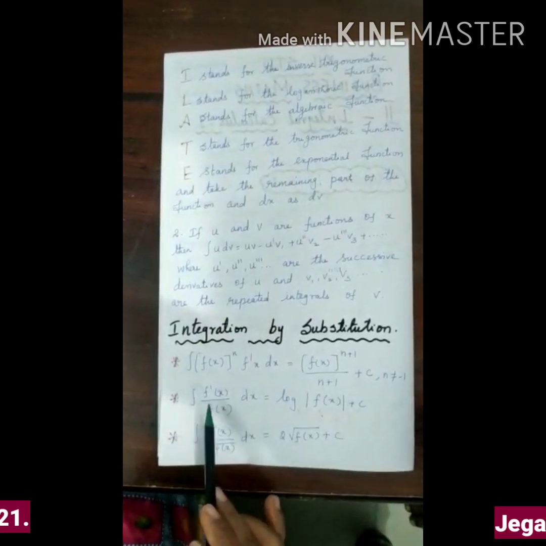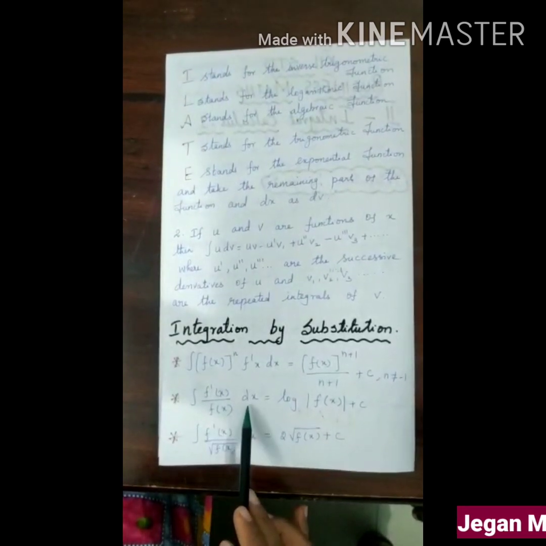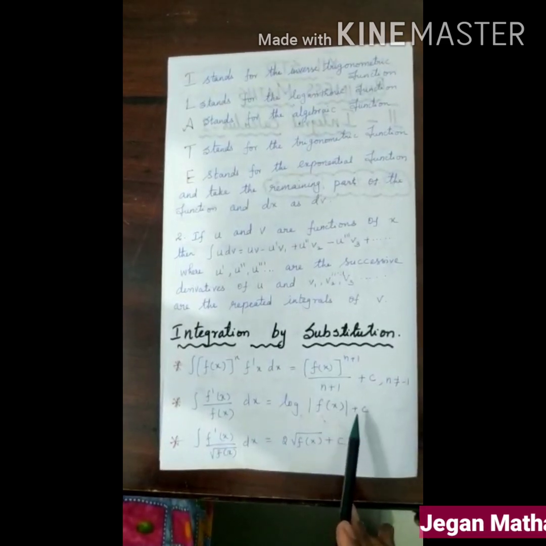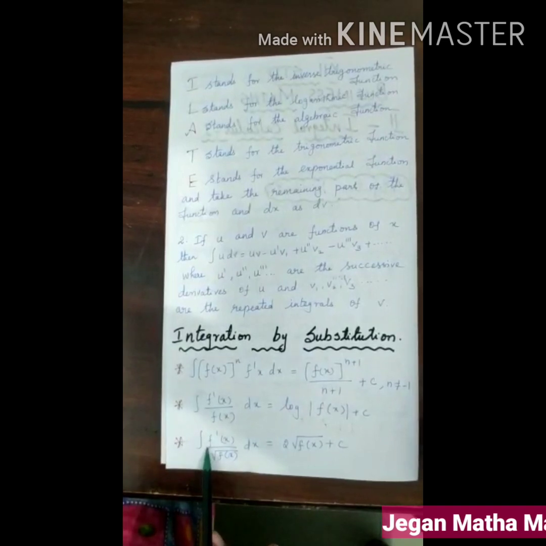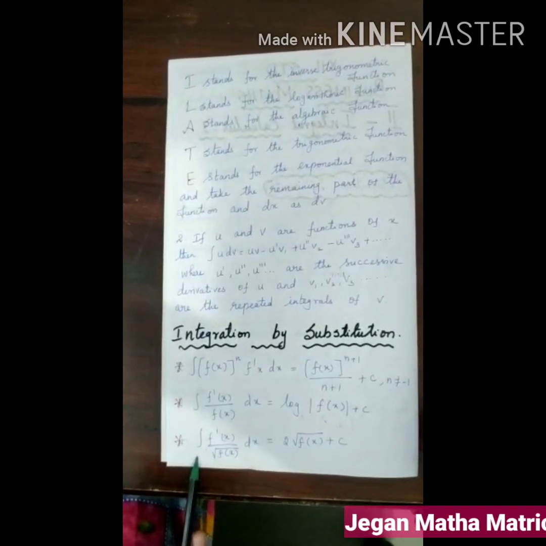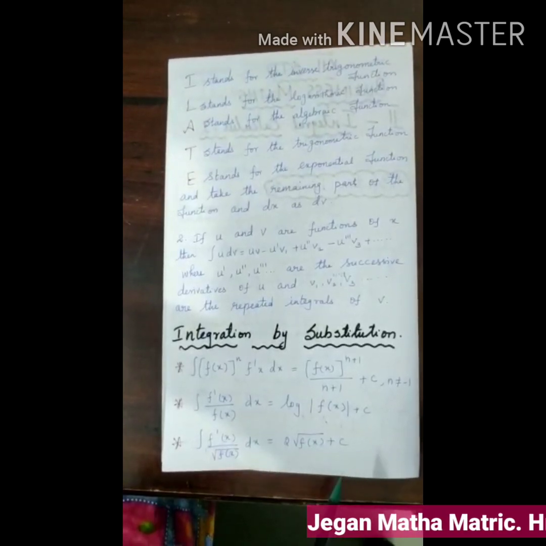The second formula, integral of f dash of x divided by f of x into dx is equal to log of modulus of f of x plus c. And then integral of f dash of x divided by root of f of x into dx is equal to 2 into root of f of x plus c.